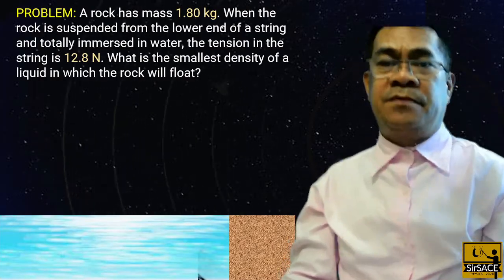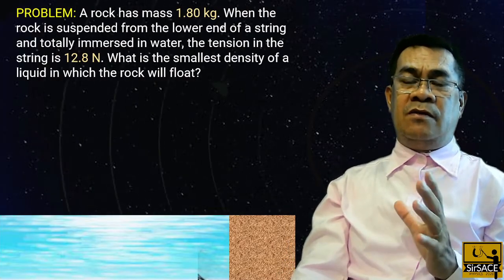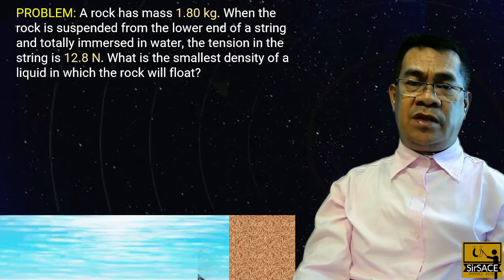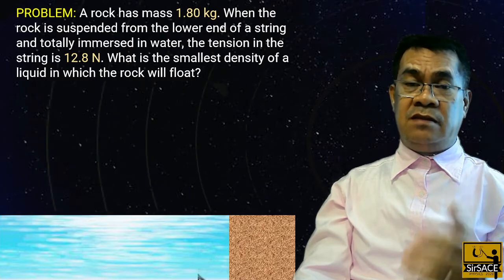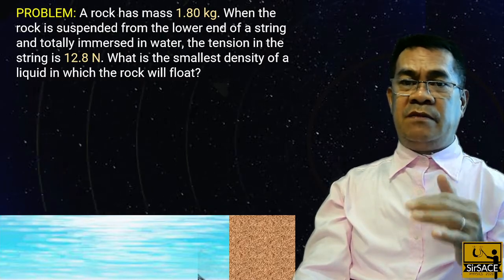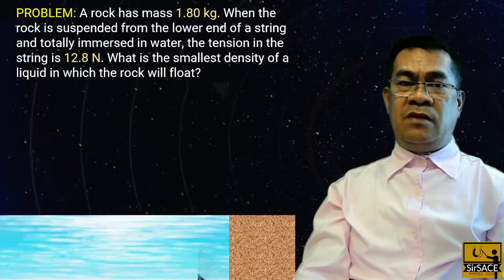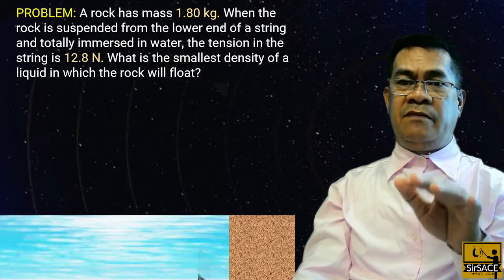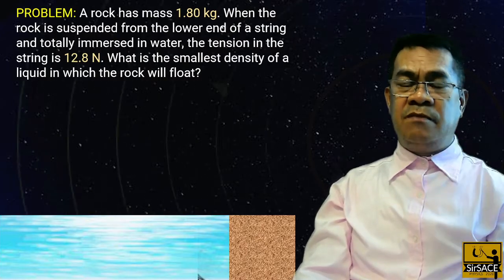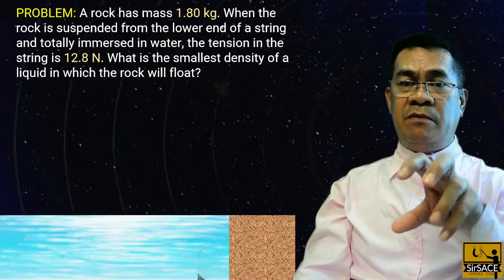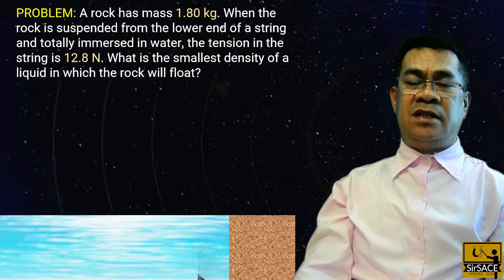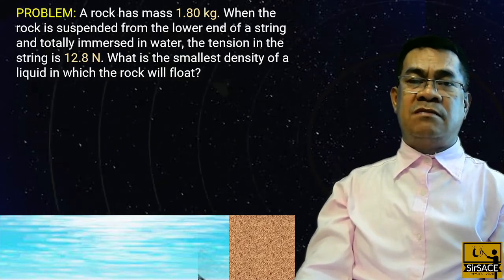Next question. Now the problem says that we have a rock that has a mass of 1.8 kilograms. When the rock is suspended from the lower end of a string, and totally submerged in water, the tension in the string is 12.8 newtons.